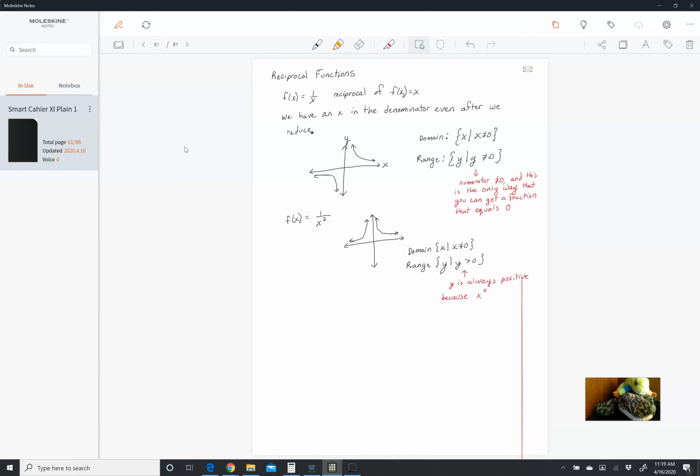Because x squared is always positive. And it's not really the denominator that we're looking at. What we're really saying here is that x squared is positive, the 1 is positive too, right? We already have the 1 in there, so we don't have to worry about the numerator because the numerator is constant.